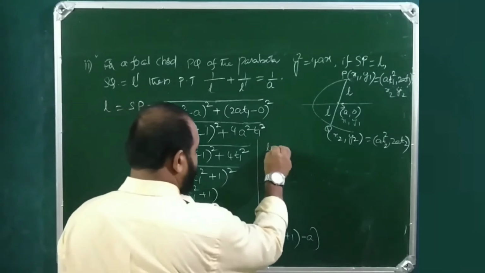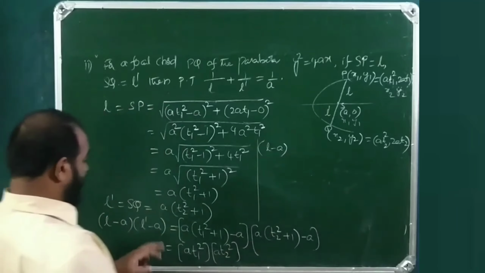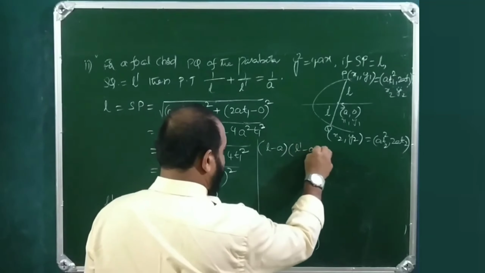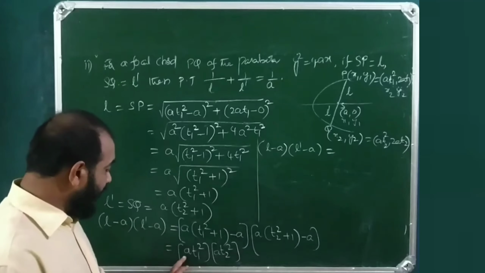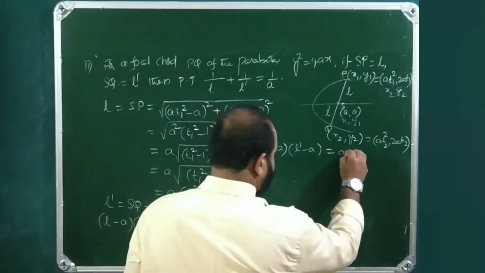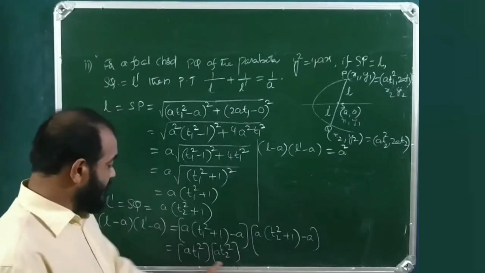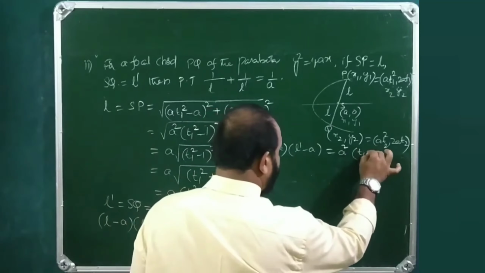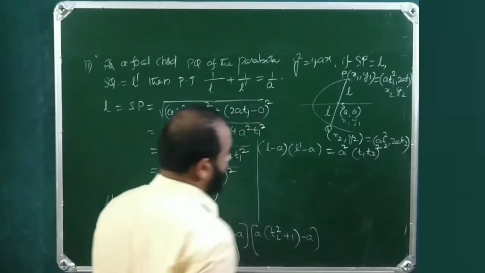So L minus a into L dash minus a is equal to a square t1 t2 whole square.